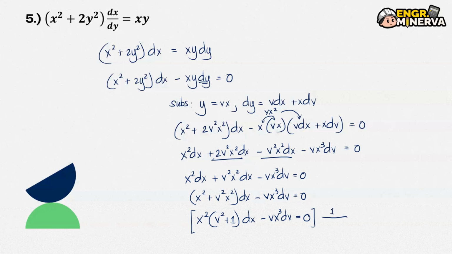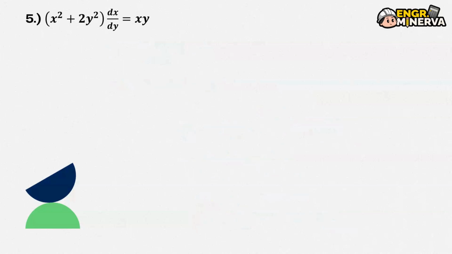Okay? So we divide the whole equation by first x squared, and for dv, we divide x cubed. So our resulting differential equation would be (v squared plus 1) over x dx minus v over x squared dv equals 0.